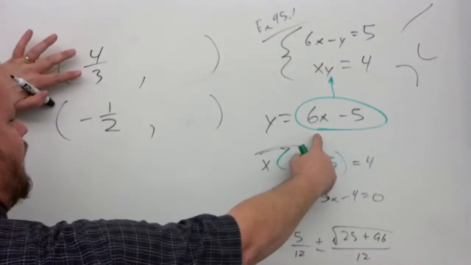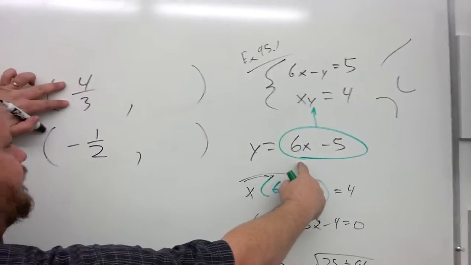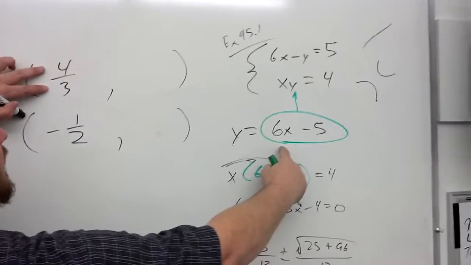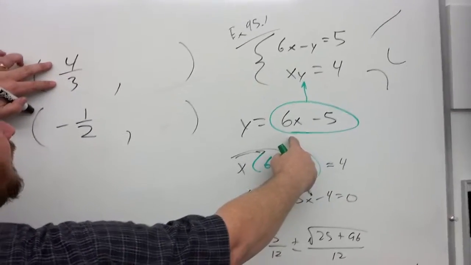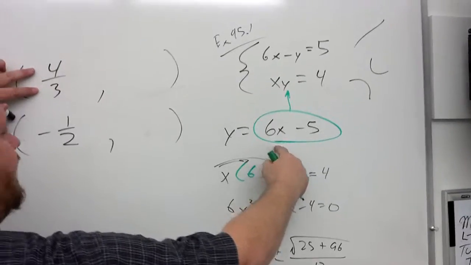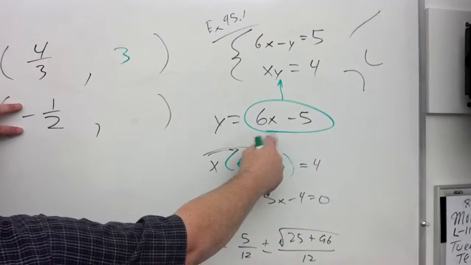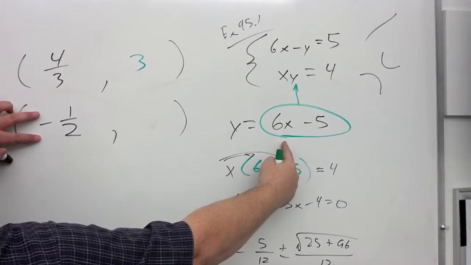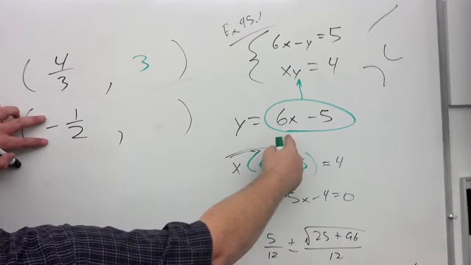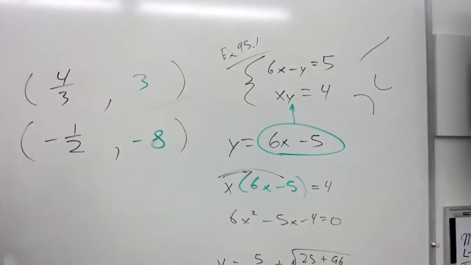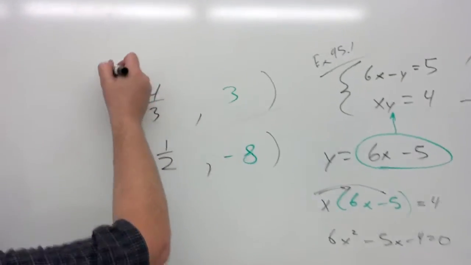What's 6 times 4/3? 24 divided by 3 is 8. 8 minus 5 is 3. Now, let's plug in negative 1/2 for x. 6 times negative 1/2 is negative 3, minus 5 is negative 8. So there's our two answers, our two solutions.